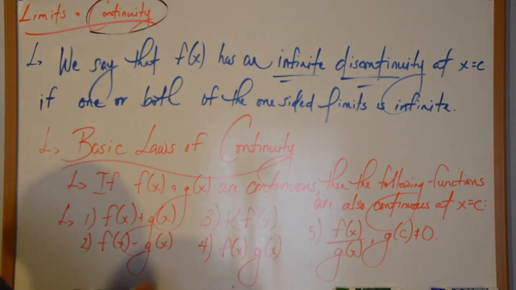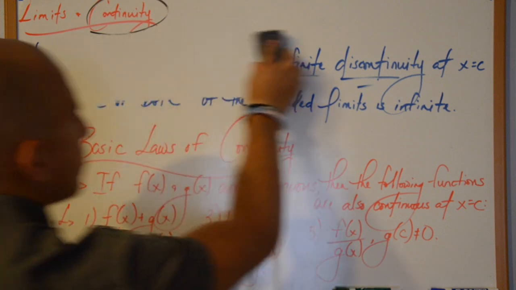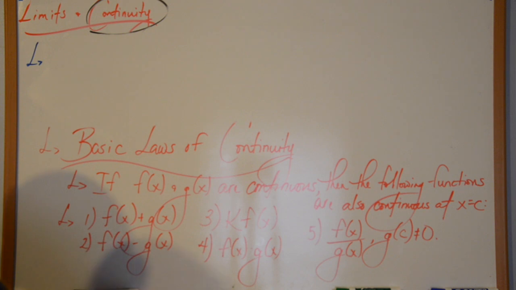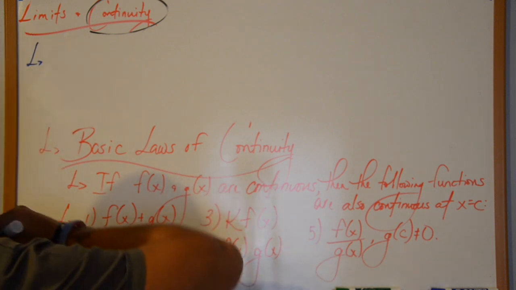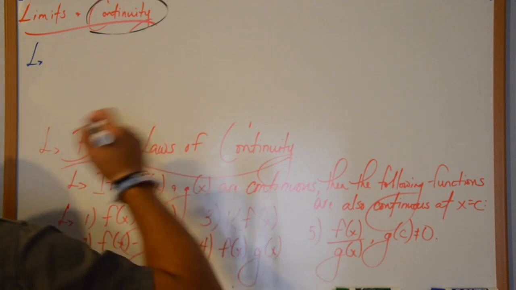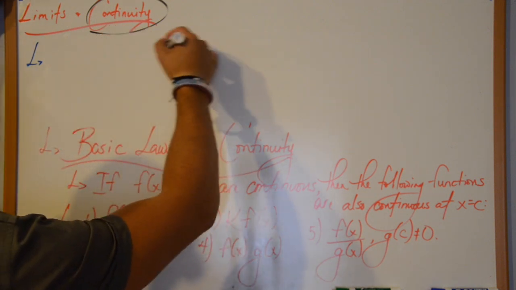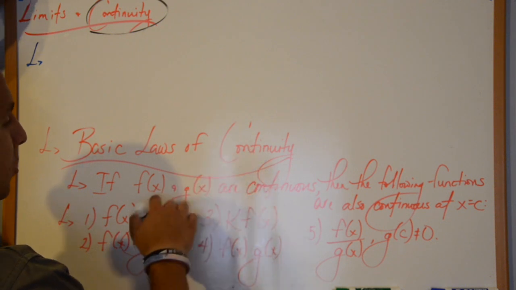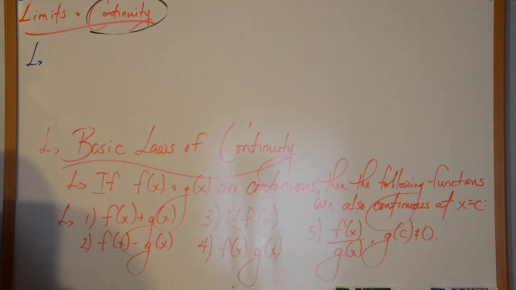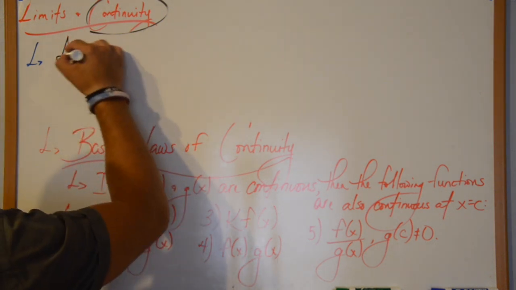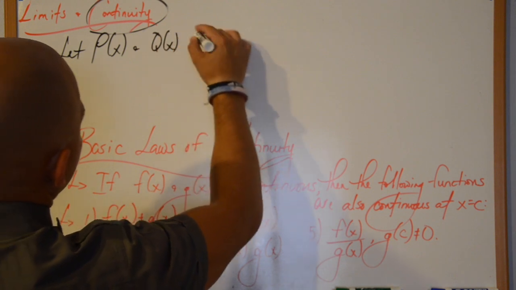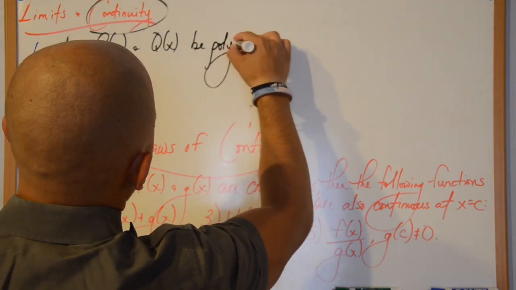Okay. So once again, what's the big deal? Patience, patience. We're almost there. If you think back to, I think it was the previous video or the video prior, right? We had a rational function. So these are basic laws of continuity for polynomial functions, but in the event that we do have a rational function, we let p of x and q of x be polynomials.